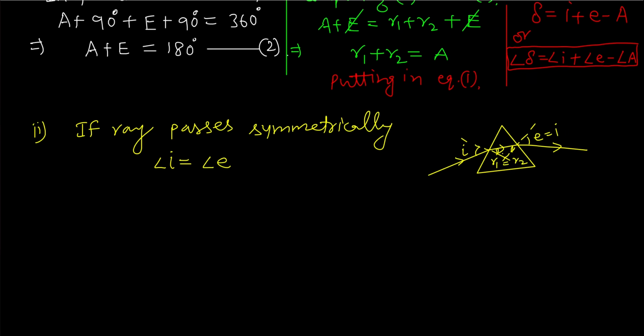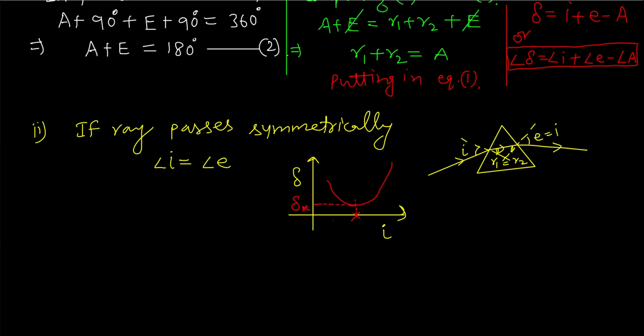So for a ray passing symmetrically, if you know the graph of the variation of deviation angle delta with incidence angle, if we take delta on the y-axis and the incidence angle on the x-axis, then the graph of delta with I is something like this. So there is a unique value of incidence angle for which the prism produces minimum deviation.